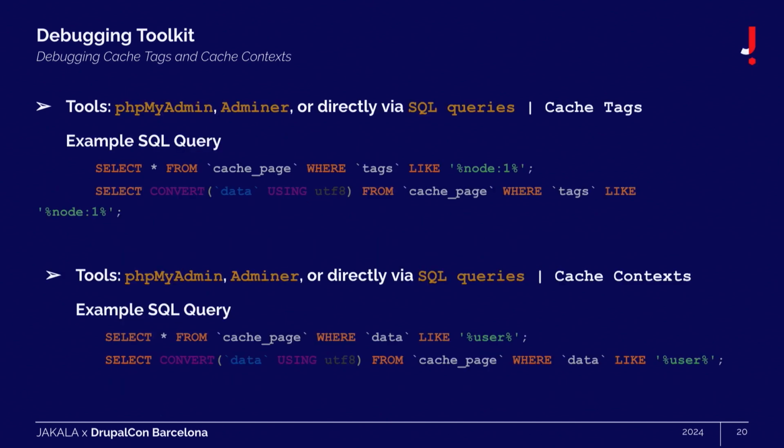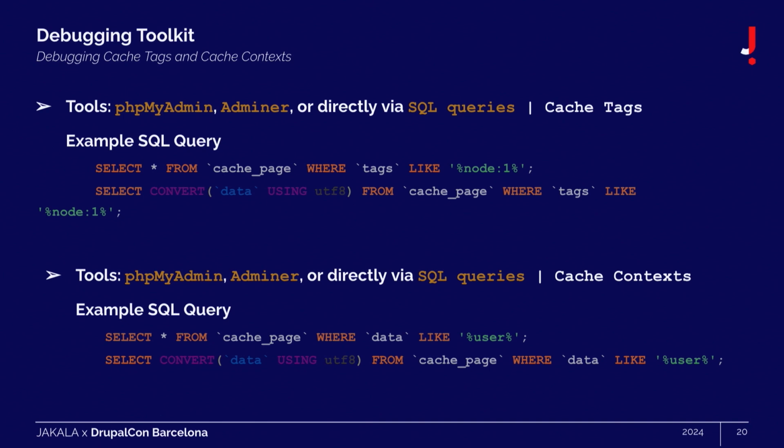Again, for that, we can use SQL queries, even though this is not the best way, but sometimes can save the day. It's again a simple query. For example, if you want to check again cache_page, what we can do, we can say select all rows from cache_page where tags is like, for example, node:1, but that will return all the rows and data that depends on that tag.